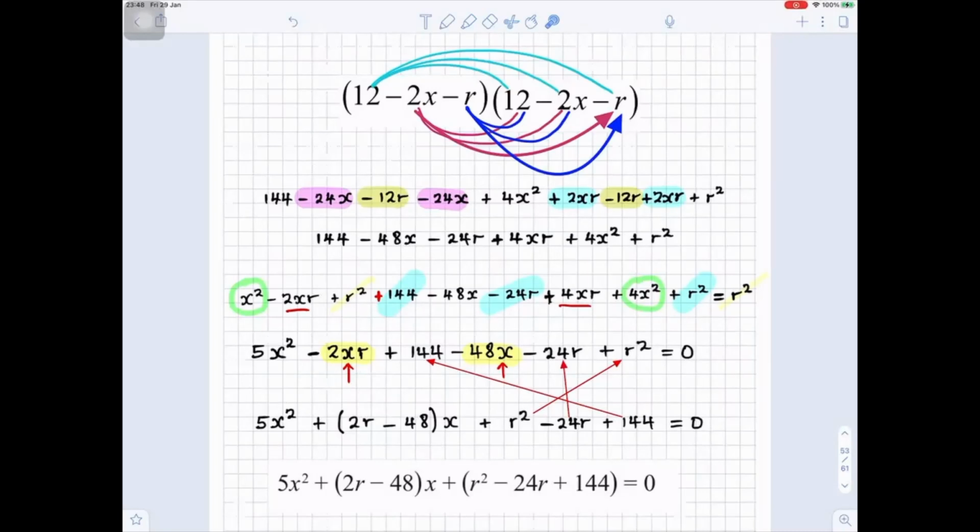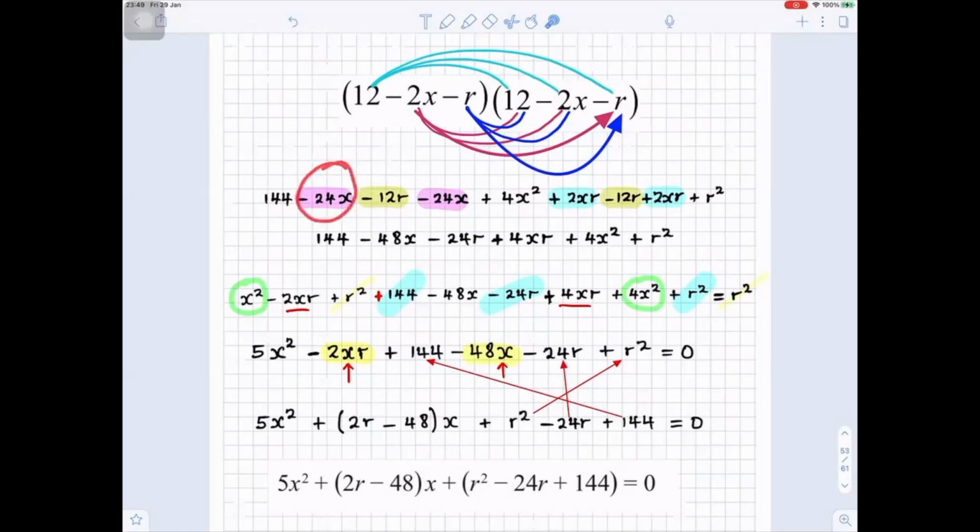So if you follow those lines with the colors I've put there, 12 times 12 will give you 144. 12 times minus 2x is minus 24x. 12 times minus r gives you minus 12r. So you follow the other line, minus 2x times 12 is minus 24x, and so on, until you get the complete expression like that. Be careful with the signs. Now we want to put them together.